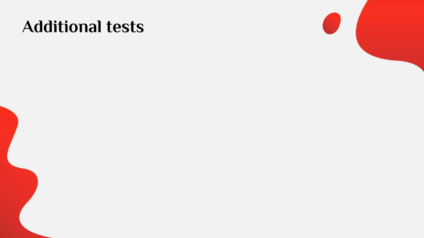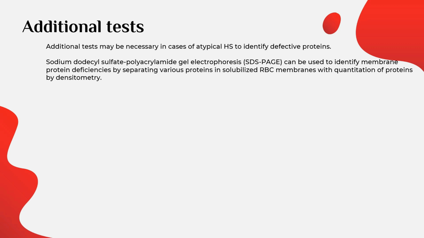Additional tests. Additional tests may be necessary in cases of atypical hereditary spherocytosis to identify defective proteins. Sodium dodecyl sulfate polyacrylamide gel electrophoresis can be used to identify membrane protein deficiencies by separating various proteins in solubilized RBC membranes, with quantitation of proteins by densitometry.